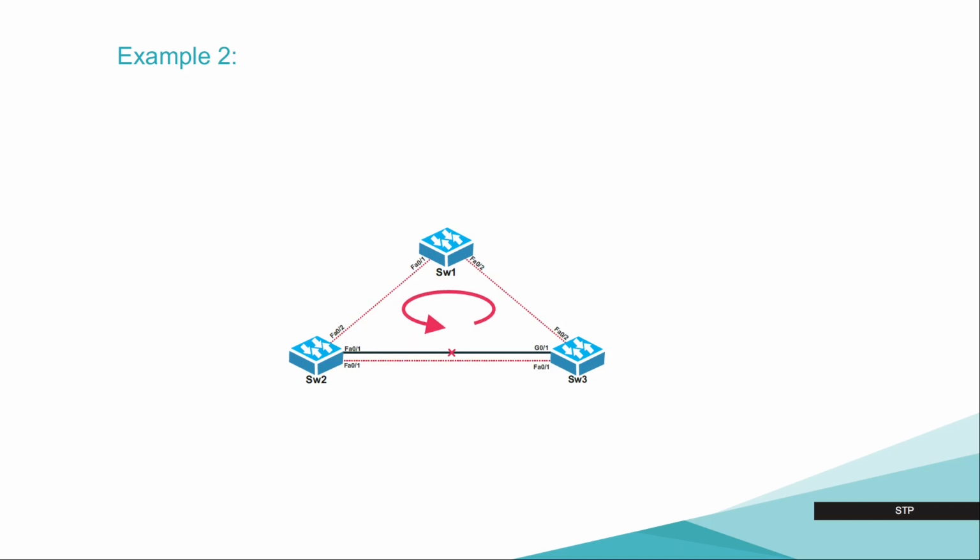And the answer is no. If we plugged the top link between switch 2 and switch 3, we still have a loop in our network. So spanning tree doesn't plug one port or two ports or three ports. The plugging will be based on the loops in our environment. So in our topology here, we have two loops, and in order to plug the loops, we need to plug two ports.